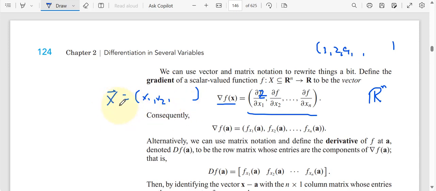A nice quick way to write that is that it's a function of the vector x. So this is just a nice handy list, and we read this as the gradient of f. So the gradient of f is just all the partial derivatives put into a handy list, which actually is a vector. So we just want to have this definition.